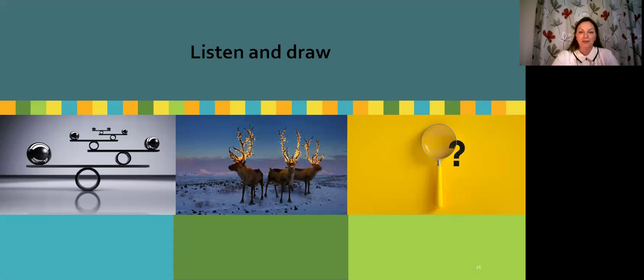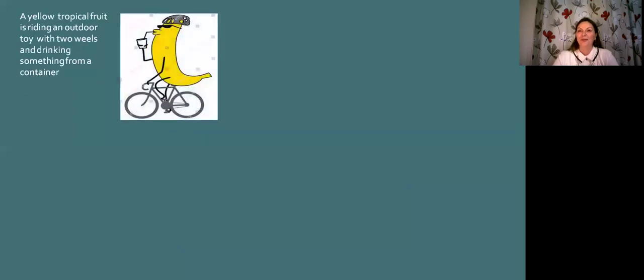A yellow tropical fruit riding on an outdoor toy with two wheels, drinking something from a container. Here is the text. And here is the photo. Were you close to drawing this photo? Let's have some more fun. A visitor from another planet that is holding a small red insect with black spots.